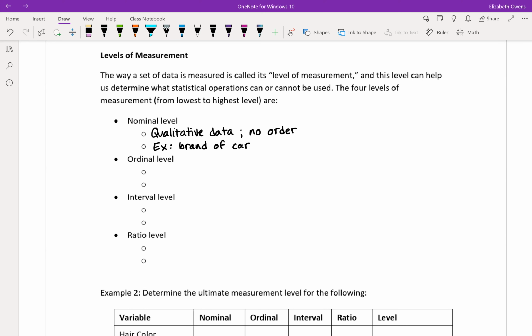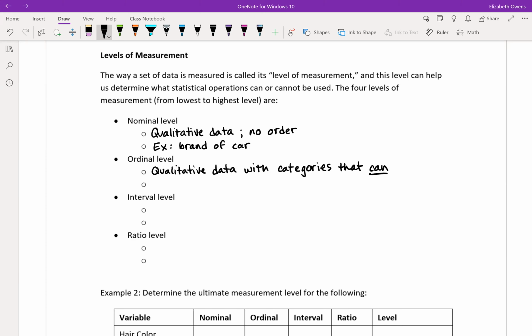Okay, so that is in contrast to the next level of measurement, the ordinal level, which is still qualitative data, but this has categories that can be ordered. They do have some inherent ordering to them.